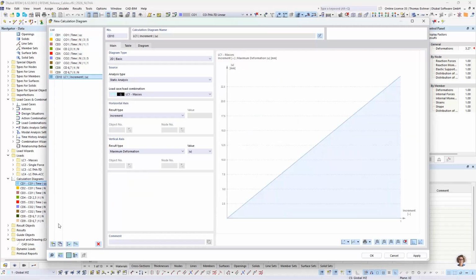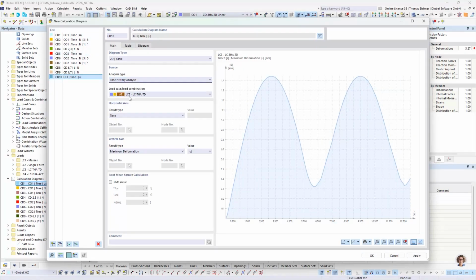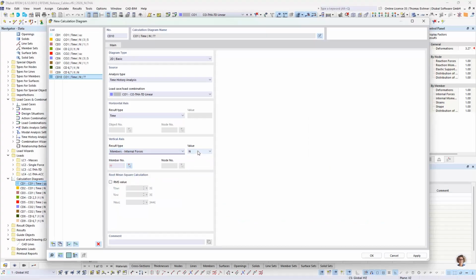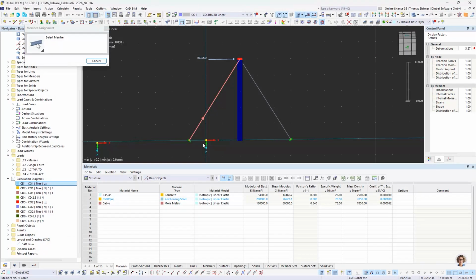Let's go and create a new one for, let's go for the load case 3. No, we want to have the linear load combination, just as an example for creating those time diagrams, those result calculation diagrams. We will go for members, internal forces, normal force of this cable.